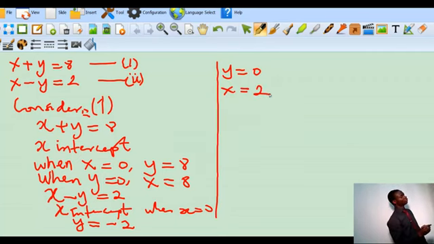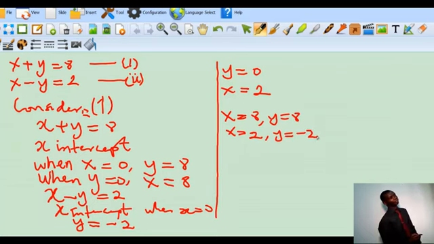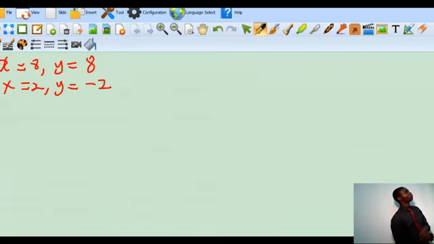It means that we've gotten four values now. We've gotten x to be 8, y to be 8, and x to be 2, and y to be minus 2. Now we can use these four values to obtain our graph, and the point of intersection of the lines on the graph will give us the unknown value for x and the corresponding value for y.